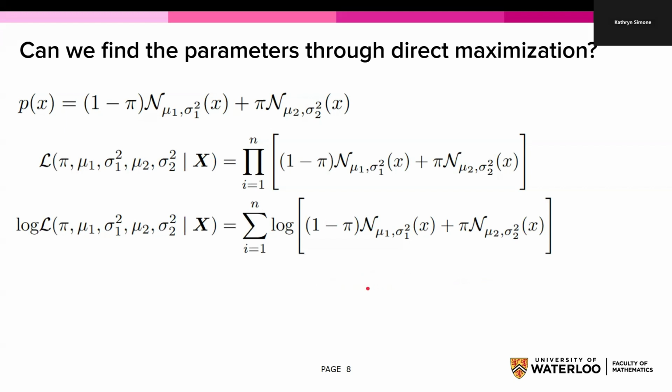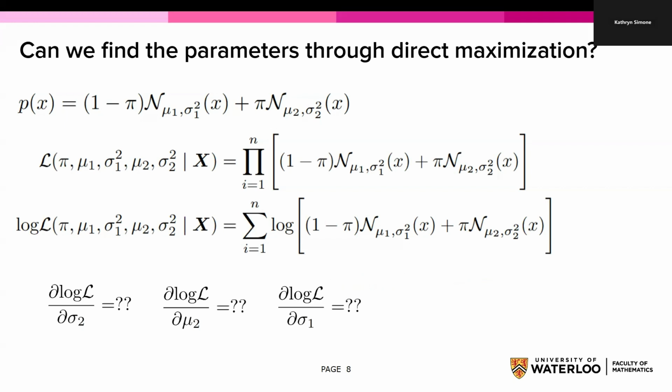And so the structure creates a major challenge because taking the partial derivative of a log of a sum isn't straightforward. And so that usual trick of setting the derivatives to 0 to find the parameters is not going to work so easily here. I'm not quite sure how to go about finding closed form expressions for the partial derivatives in this case. Don't really know what that looks like.